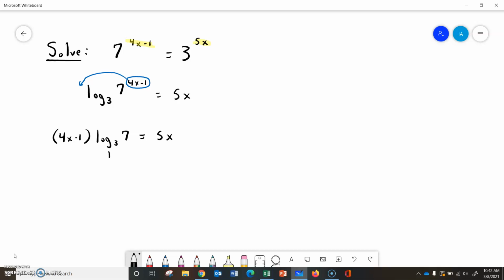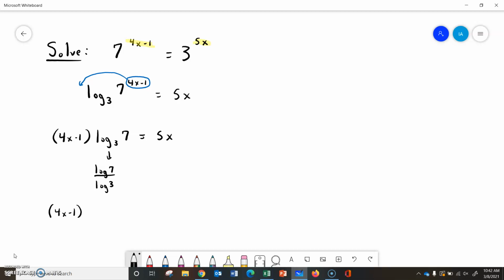Now keep in mind that we're going to go to a calculator, and log base 3 of 7 can be put in using a change of base as log 7 over log of 3. So I'm probably going to take the easy route here and jump into a decimal approximation.